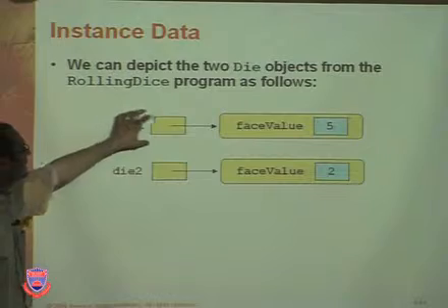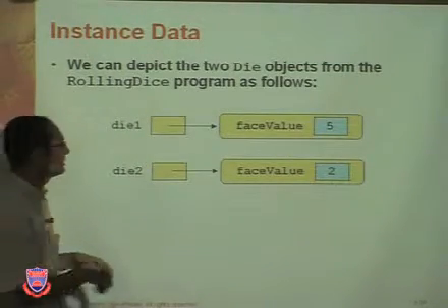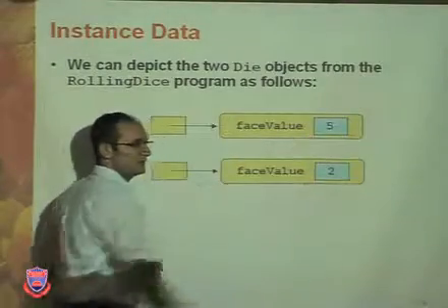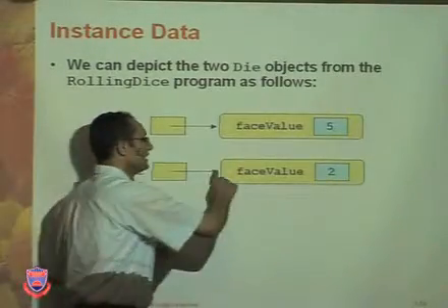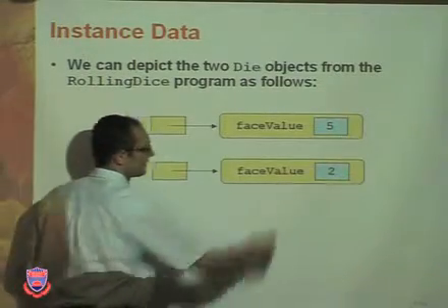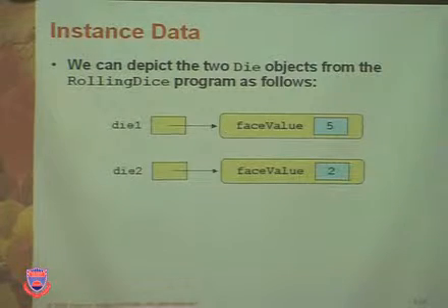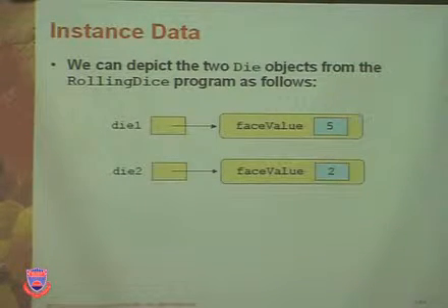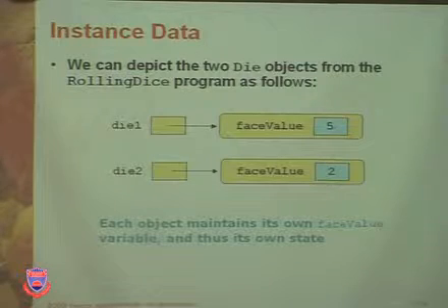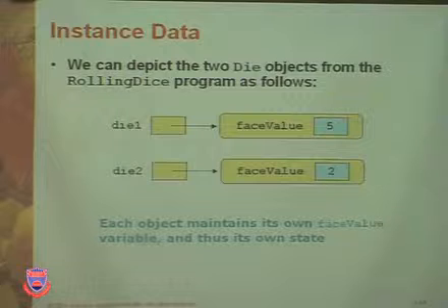You have the die1 object and die2 object, and they both have their instance variables, face value, with an integer stored as 5, and another face value for die2, which has a value of 2. So you have two separate instance data for two different objects, stored in different memory locations. Whenever you update one, the other one remains the same. Each object maintains its own face value, as we have seen.